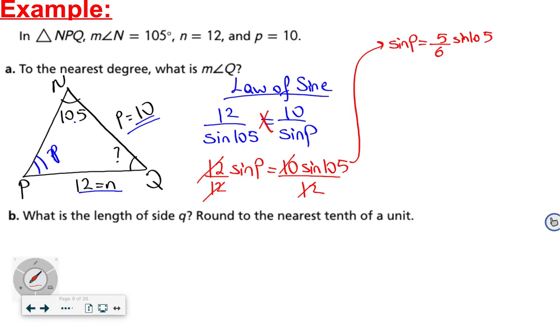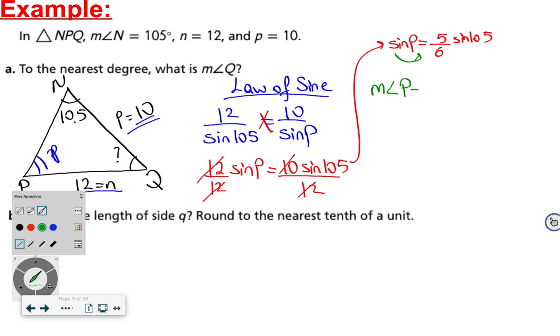Remember, ladies and gentlemen, whenever you are going to find the measure of an angle, we need to use the inverse of the trigonometric function. Measure of angle P is going to become sine inverse of 5 times sine 105 over 6.